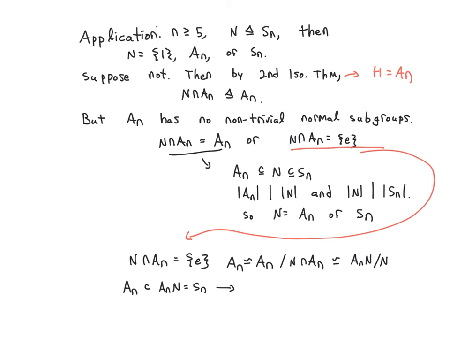Which means that this quotient has half the permutations, but the numerator contains all the permutations. So, by order considerations, N has size 2.